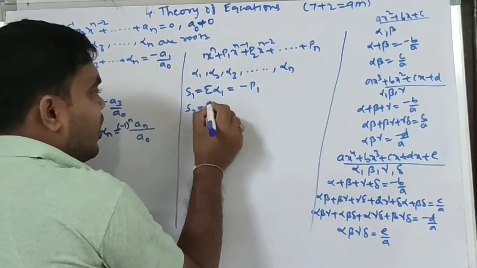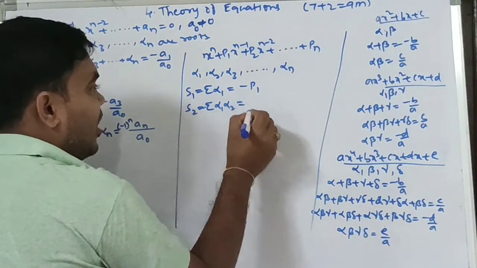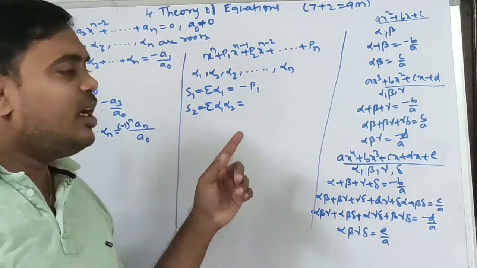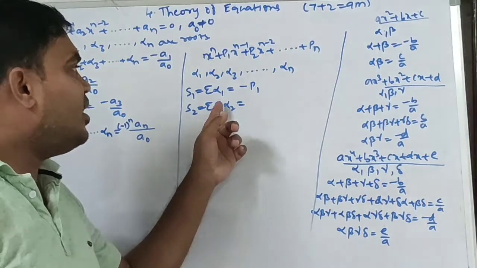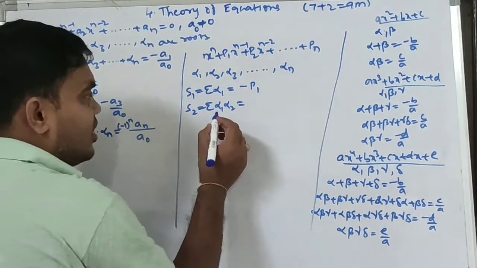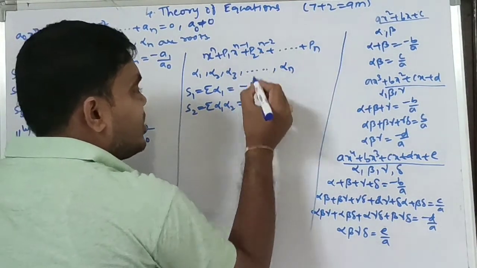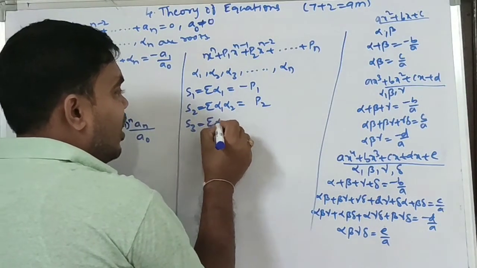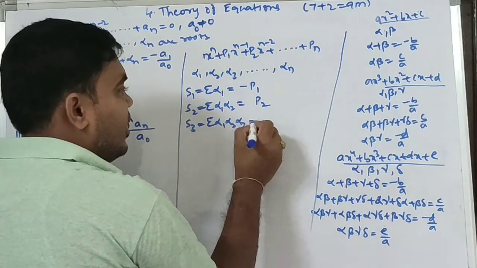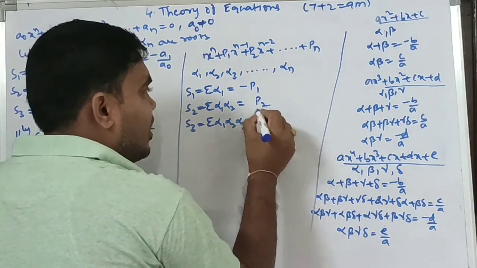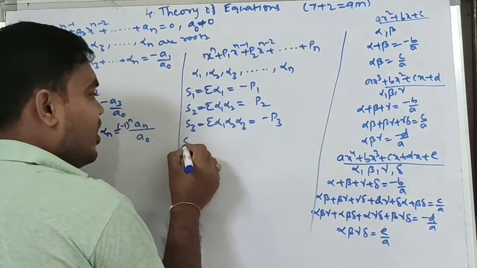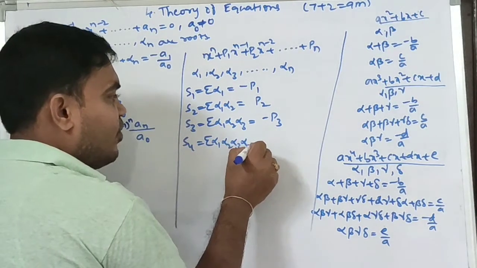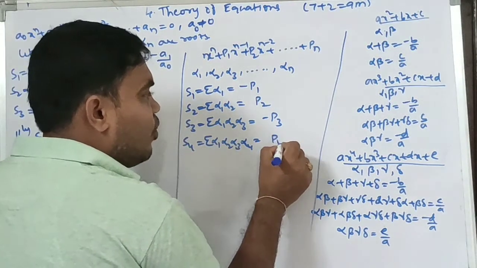S2, the sum of products of 2, is p2, positive. S3, alpha 1 alpha 2 alpha 3, is minus p3. S4 is p4, positive.